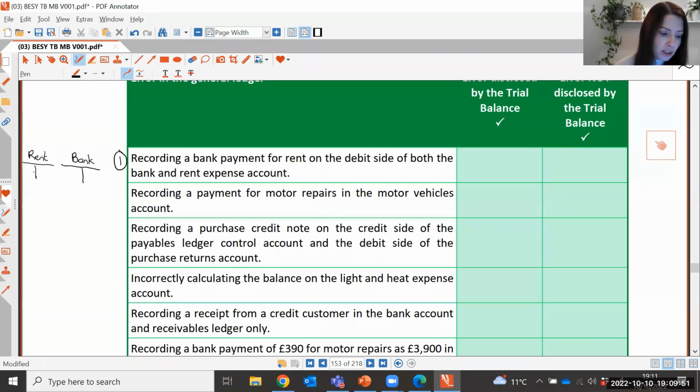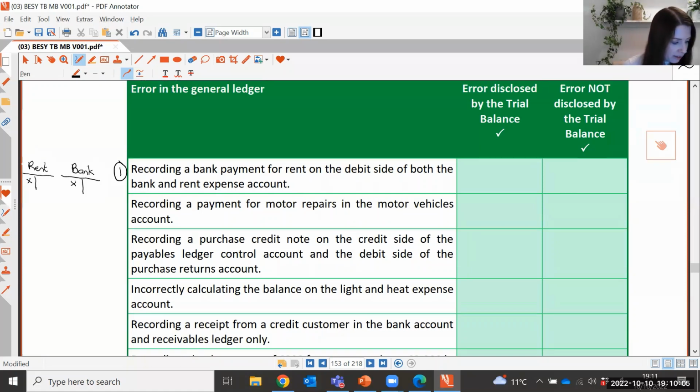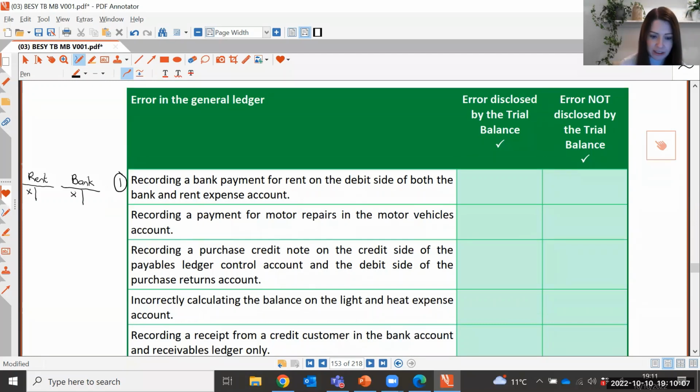They have recorded the bank payment on the debit side of both the bank and the rent expense account. So here, the error is going to be disclosed by the trial balance because it's not going to balance. It's got two debit entries. Remember, for the accounts to balance, there needs to be an equal debit and credit entry.